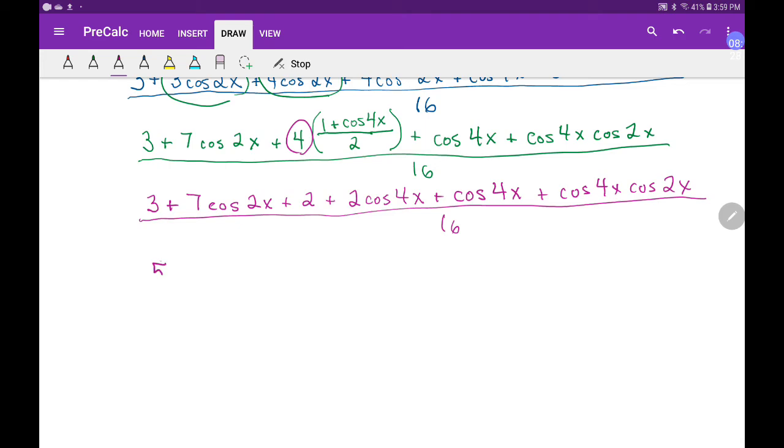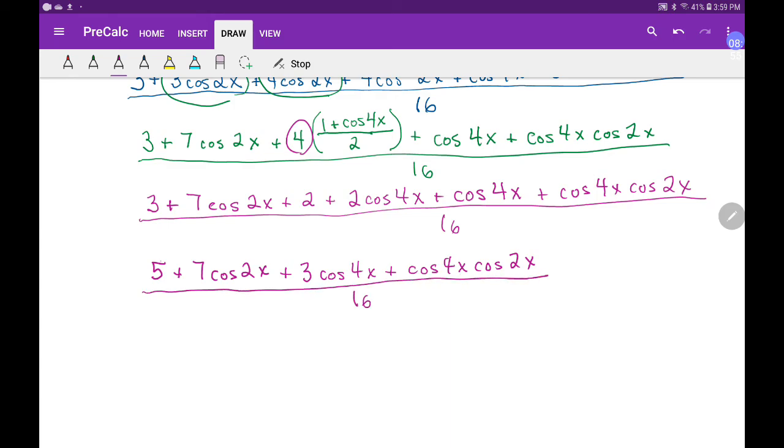I can say 5 now plus 7 cosine 2x. And I'm putting my cosine 4x's together. I can say plus 3 cosine 4x plus cosine 4x cosine 2x, and it's all over 16.